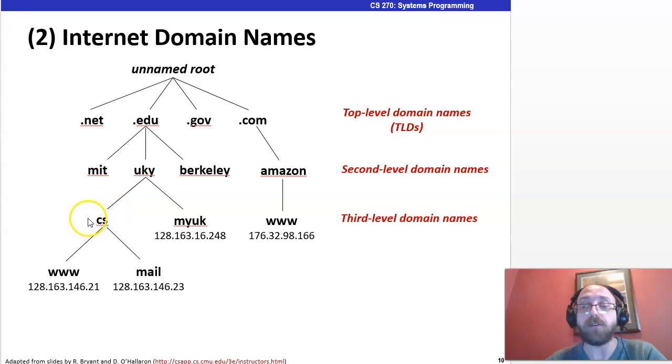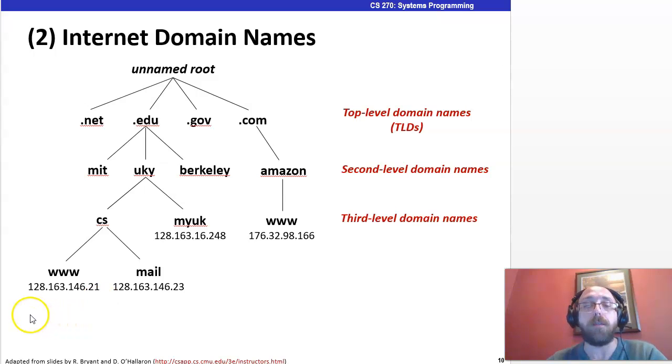They can update their tables for that, but if your ISP's DNS has cached that www.cs.uky.edu is this particular address, and it gets moved to a different address, until that entry expires, your ISP will be reporting back incorrect information.